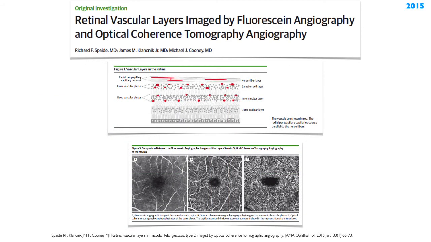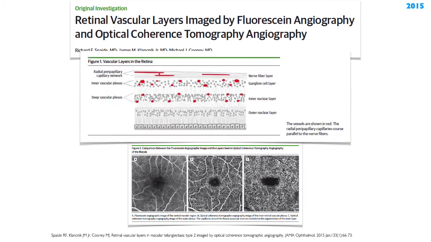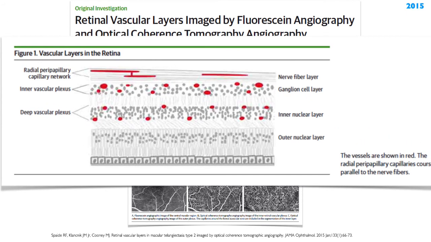Well, this was extremely important because then in 2015 Richard Spaide proposed this kind of nomenclature, and this was based on the comparison between the OCT angiography and the fluorescein angiography.